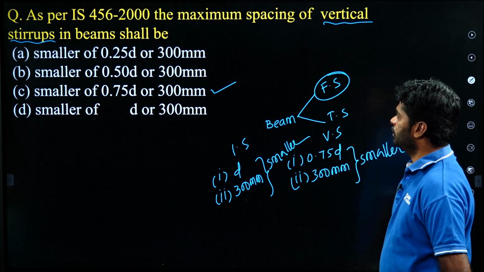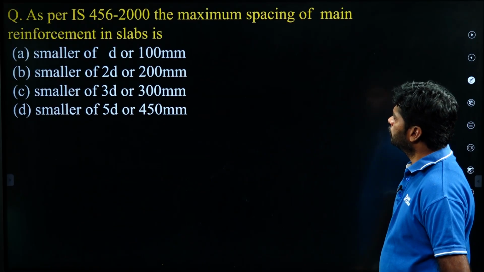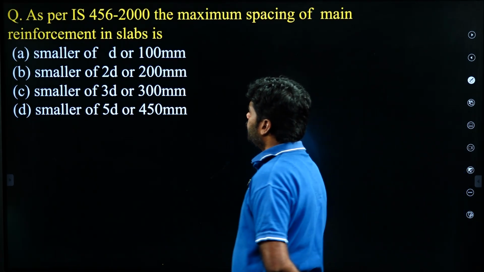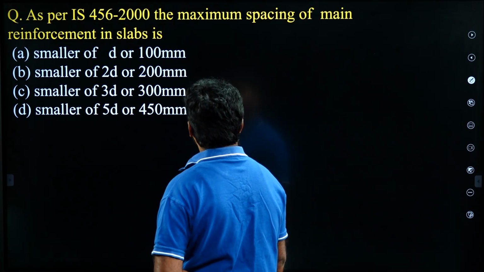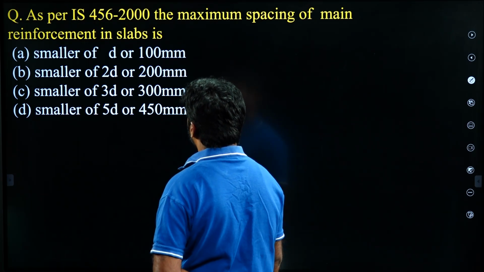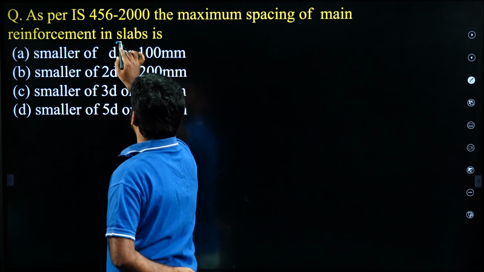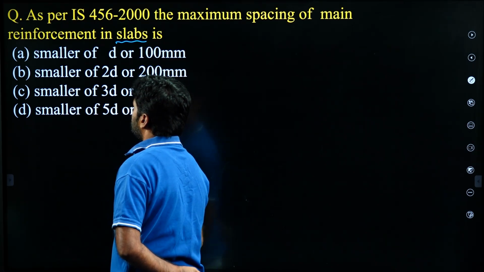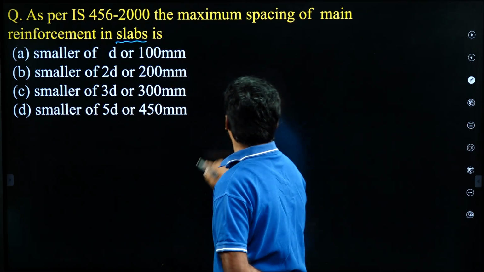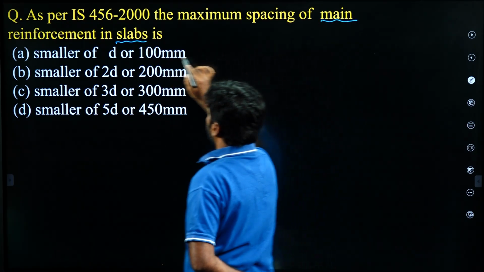Coming to the next question. As per IS 456/2000, the maximum spacing of main reinforcement in slabs. In slabs, what will be the maximum spacing you can provide for main reinforcement?